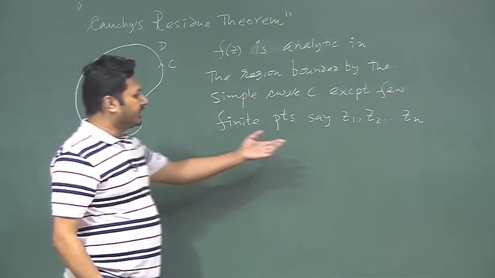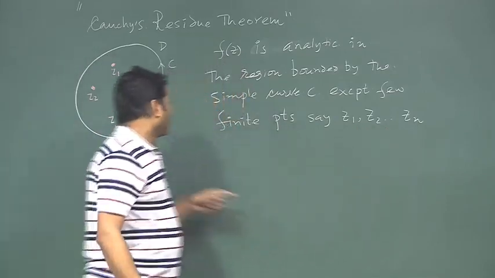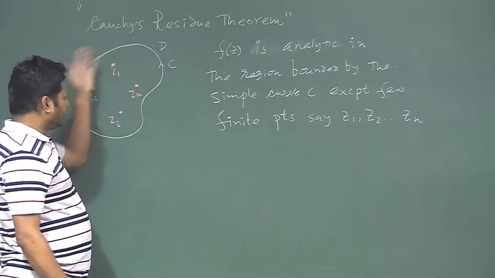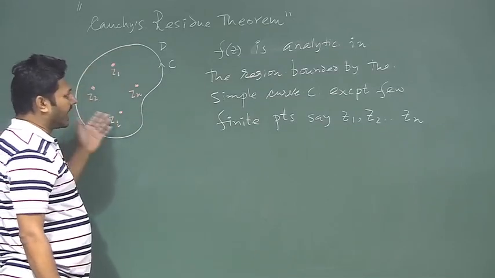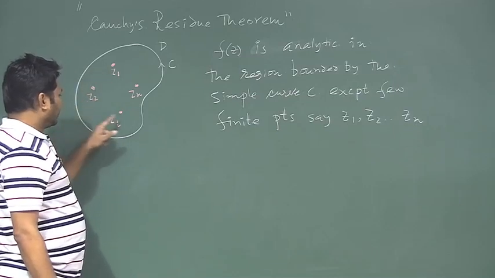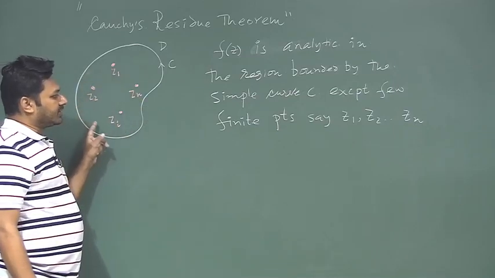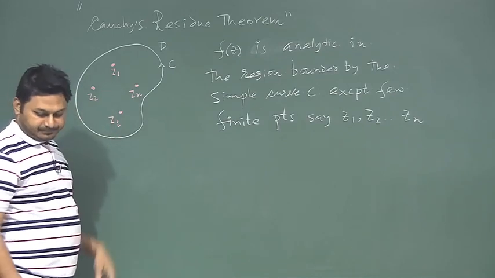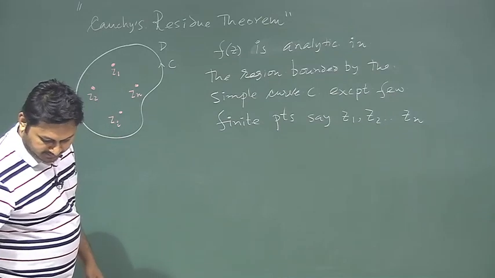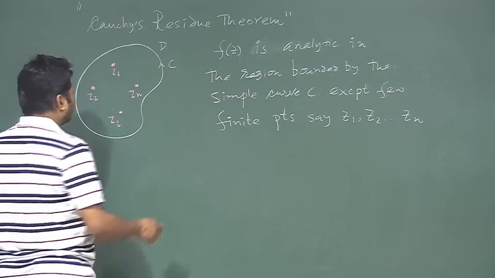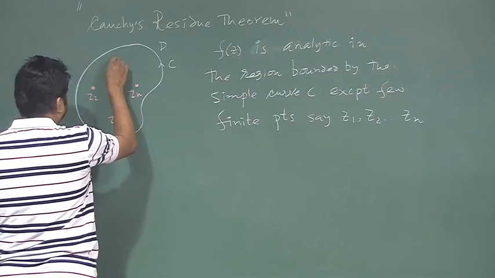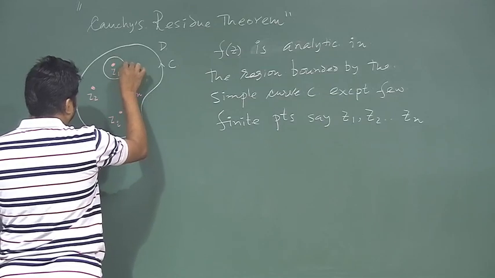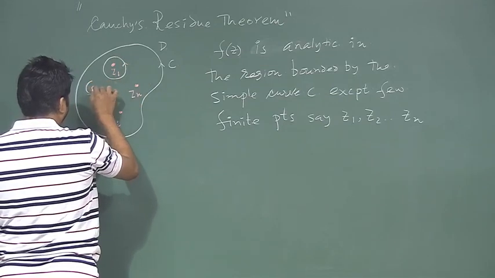There are n points where the function fails to be analytic. In this region the function is analytic except at these particular points, and these points are finite. In that case, I can make a circle around each of them.